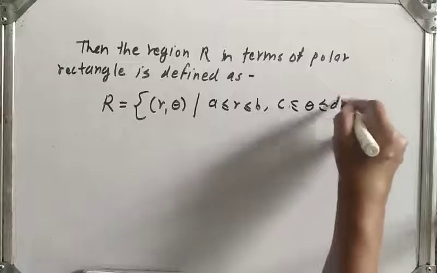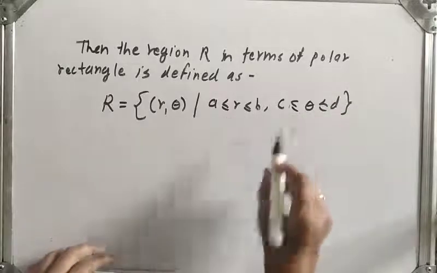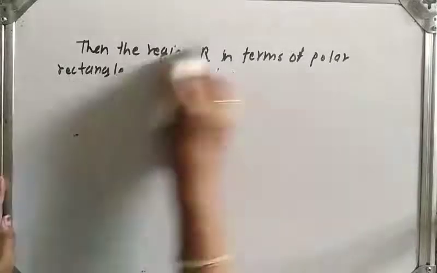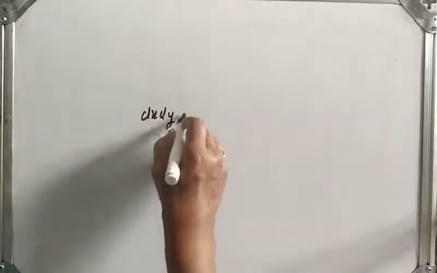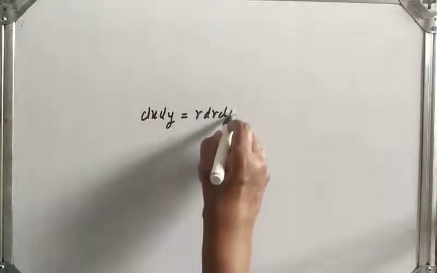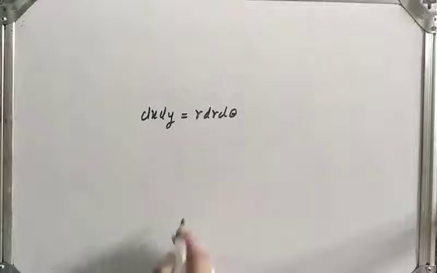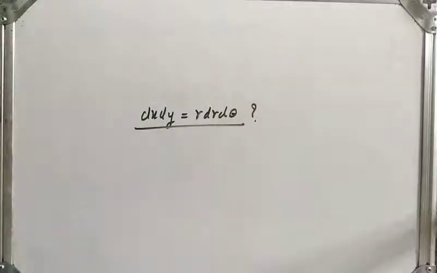These are the limits of r and theta. Let us solve examples of it, and remember one thing, that dx dy is r dr d theta. How it comes, I will share one video with you related to it.